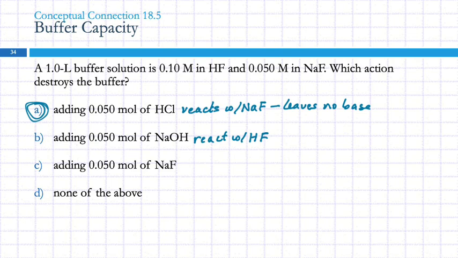After this, you're still going to have acid, that's going to leave 0.05 molar of the HF with the 0.05 molar sodium fluoride. Is that still a buffer? Yeah, you might even say it's a better buffer now because the concentrations are equal. So that's not going to destroy it.